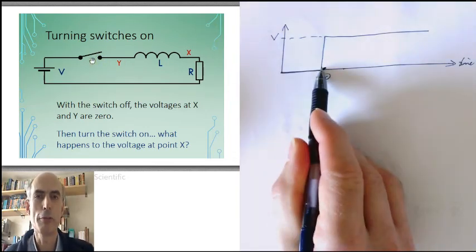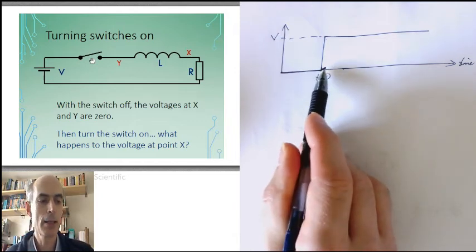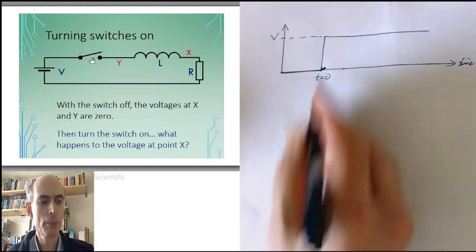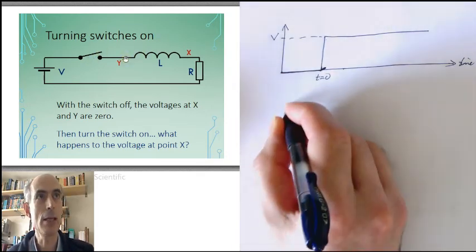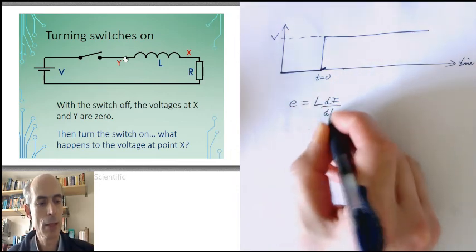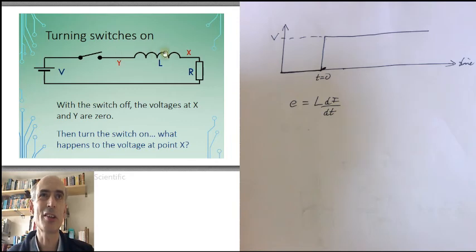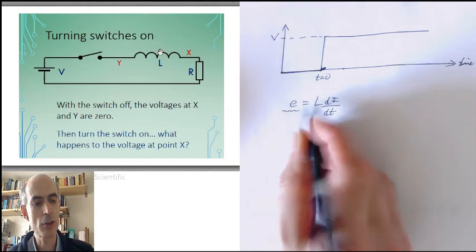While the value of the voltage just after the switch is closed is 0, it is starting to change, because we know that the voltage across this inductor, E, is given by L di/dt. And the voltage across the inductor is going to be equal to V, because Y is at V and X is still at 0. So we do have a voltage across the inductor.